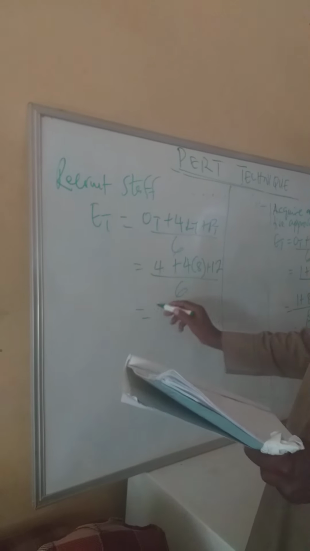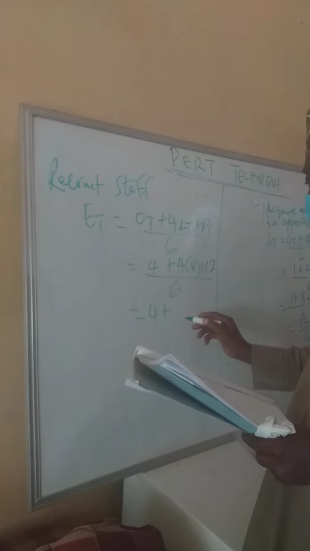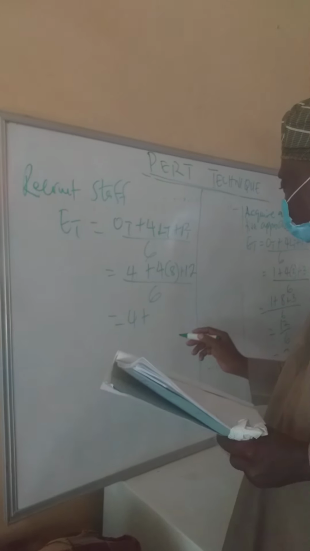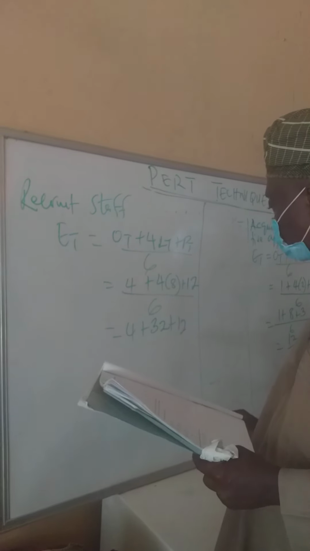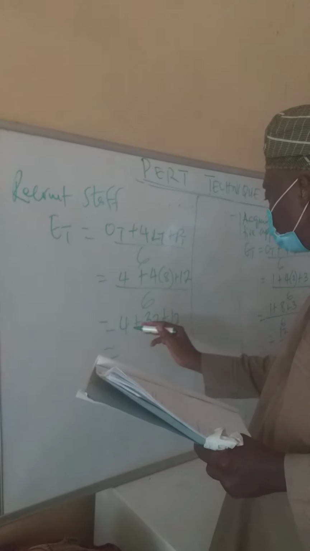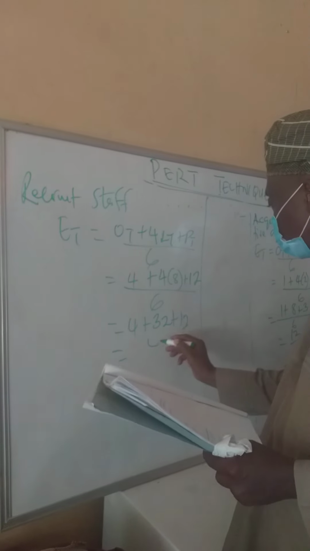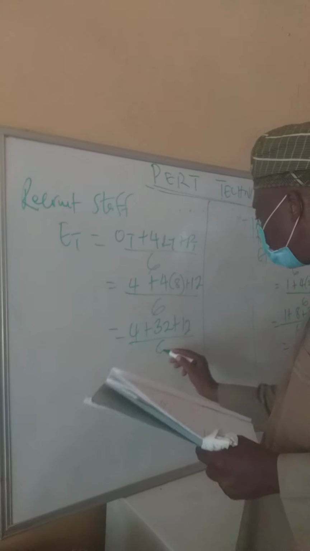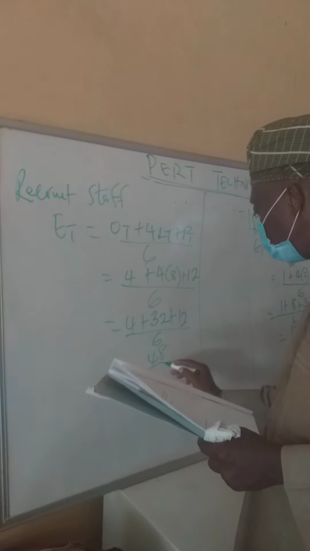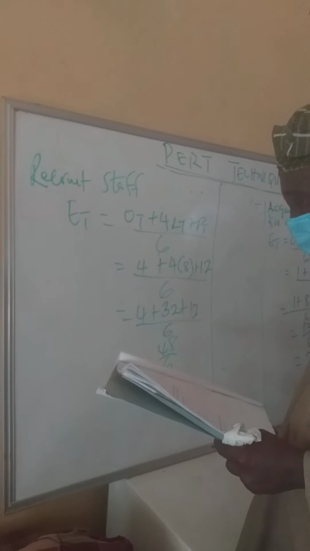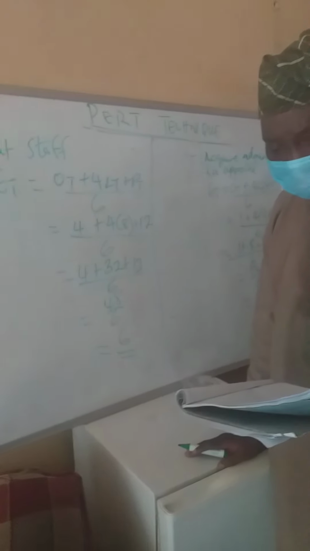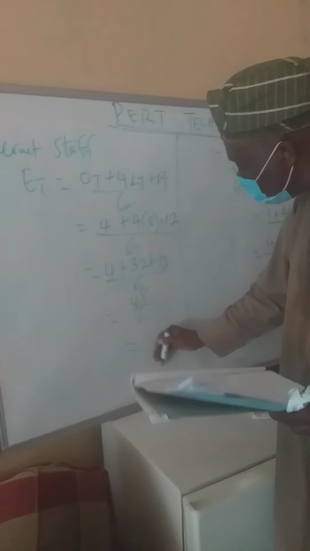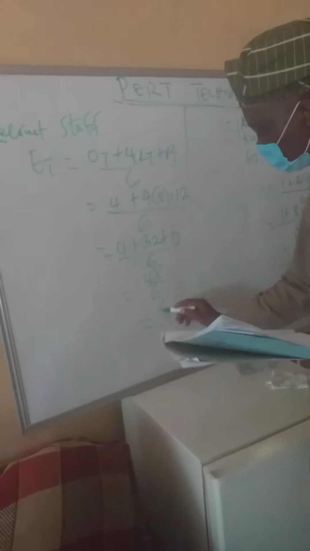This gives 4 plus 32 plus 12, which is 48, divided by 6, and this gives 8 months. Yes, it's 8 months, 6 times 8 is 48. Sorry.